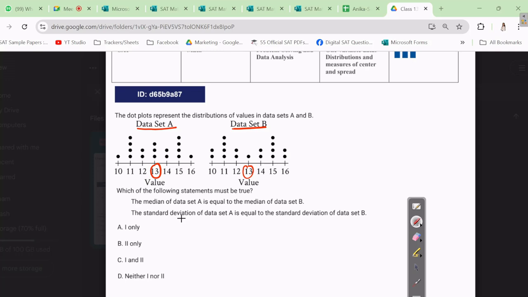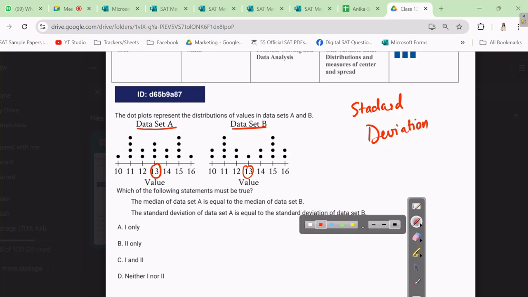So B will have more standard deviation. How will you remember this? You look at the word deviation. It's all in the name. Just focus on the word deviation. Deviation means how much the points are deviated from the mean. So from deviation, remember deviated.